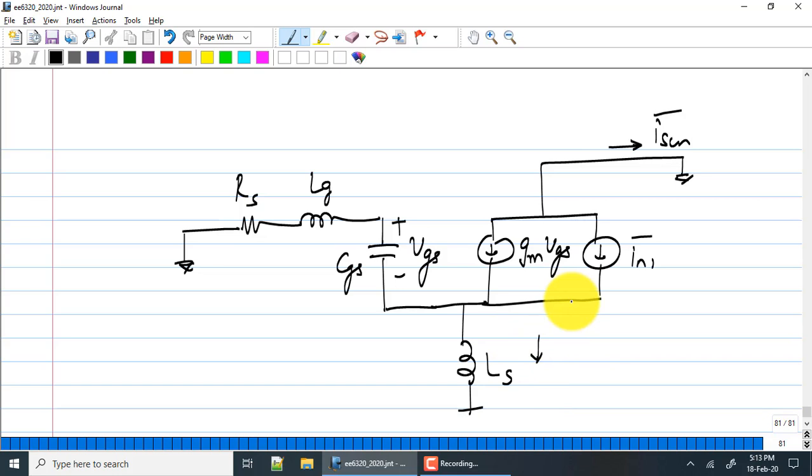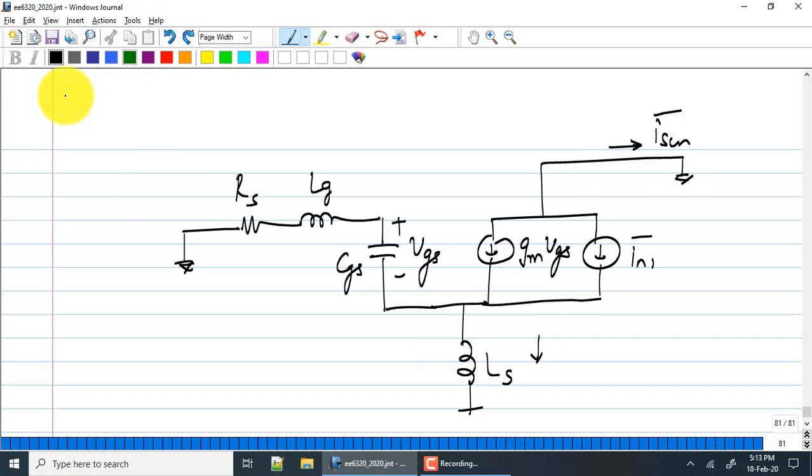The current through LS is equal to the current through CGS plus ISCN, right? So the short circuit noise current splits in some way as GM VGS and IN1 and then recombines back at the other node and then eventually adds with the current through CGS to flow through LS, right? That is if you were to apply KCL at this node. Is that okay?